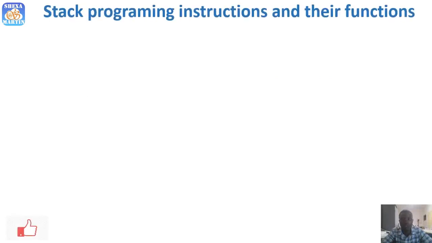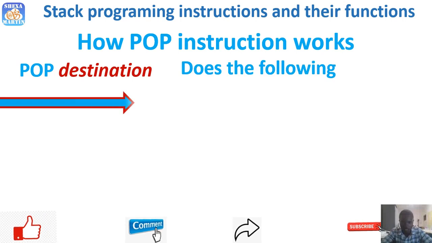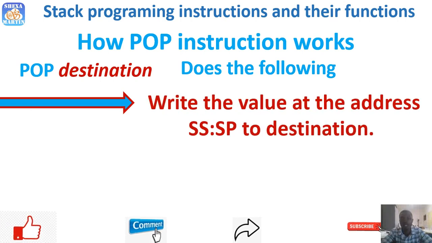And here is how the pop instruction works. The pop destination instruction does the following. It writes the value at the address SS:SP to the destination that is encoded in our line of code.